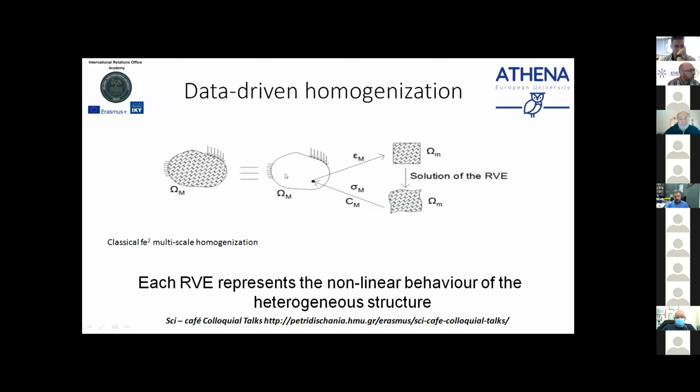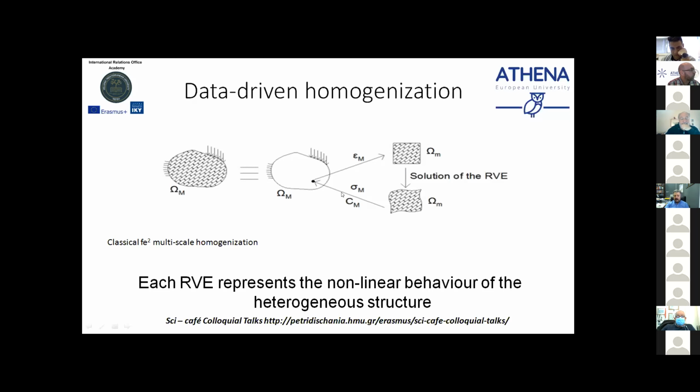The idea is to have a simple model without this microstructure, and then to take into account the microstructure by doing numerical homogenization, by considering a representative volume element at every point, at every Gauss point, integration point, at every loading step, whatever.